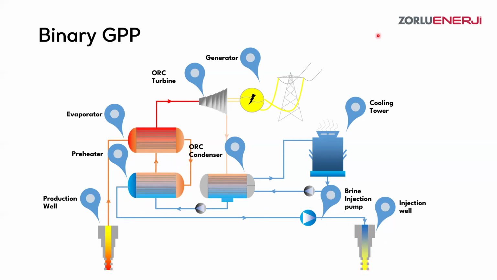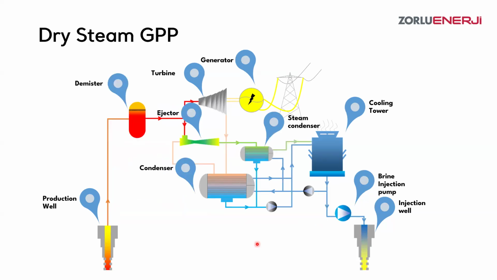Okay, the system is somehow similar to a flash system, but in here we are not using geothermal fluid in the turbines to produce electricity. In here again, as I said, for the dry steam, there isn't any separation station because you have pure steam. You just use a demister to remove the droplets, and after that, this process is all the same as the flash power plant.